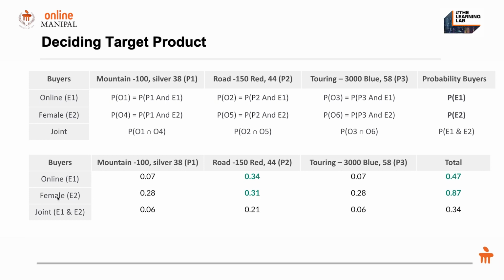Similarly, for the second event, the female buyers, the probability of product 2 is highest. So we are getting closer to the answer of which product we should focus upon. At least based on these 2 probabilities, the probability of product 2 is higher, and that should be a target product. Let's see what other probabilities say.